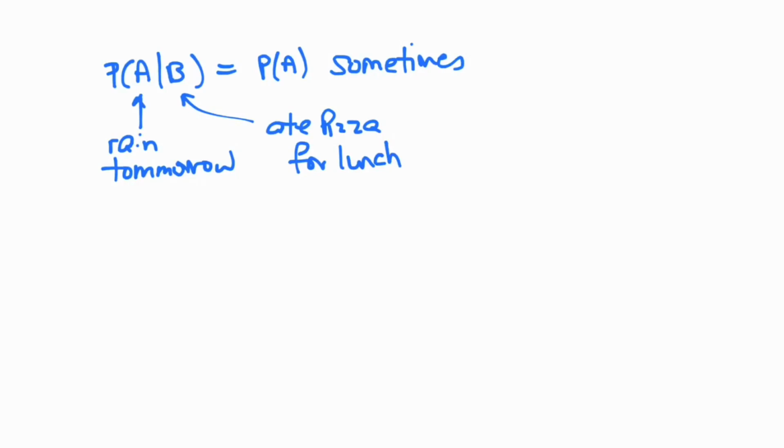So knowing what I ate for lunch does not change the probability of whether it will rain tomorrow or not. In this case, the probability of A given B is unchanged. It is still the probability of A. When this happens, we say that A and B are independent.